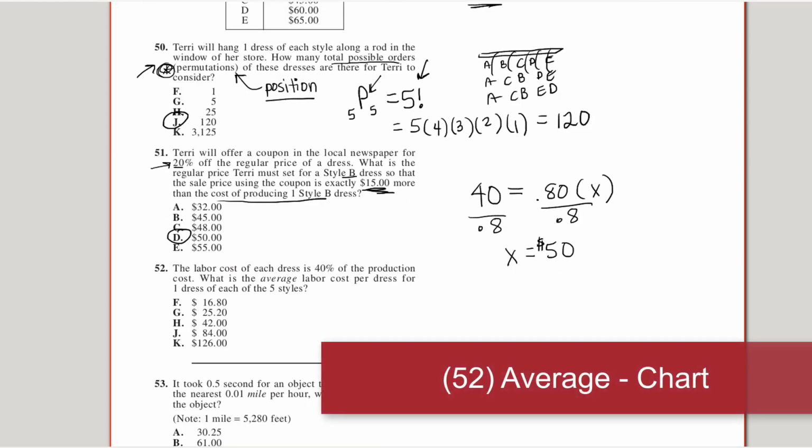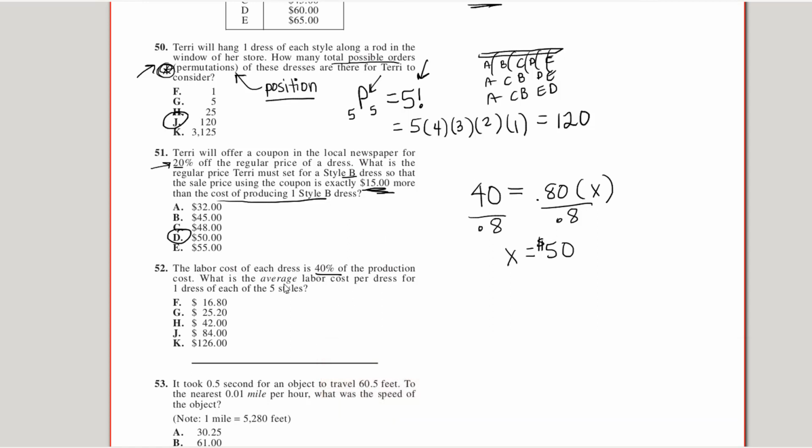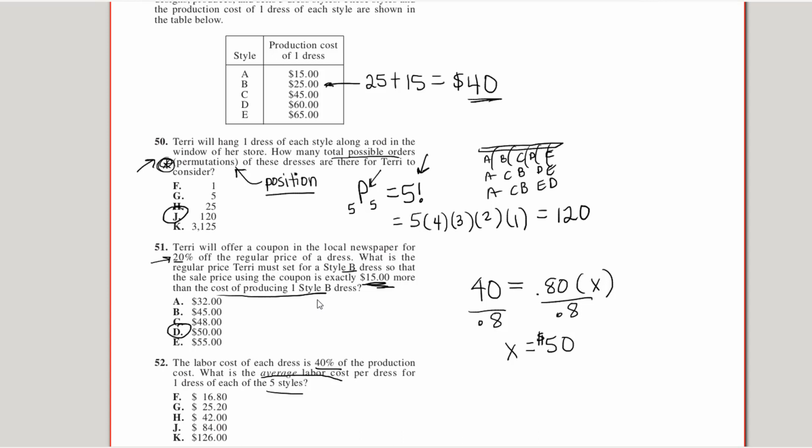Question 52 says that the labor cost of each dress is 40% of the production cost. What is the average labor cost per dress for one dress of each of the 5 styles? Okay, so we can go back up here. We again need to make use of this production cost of each dress, and we're told that the labor cost is 40%.